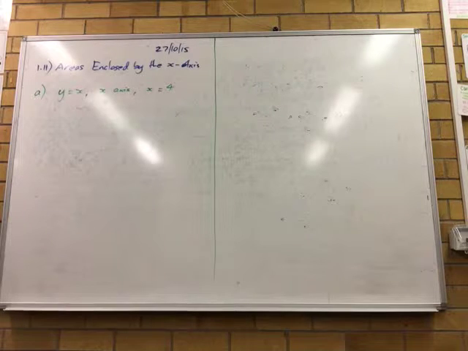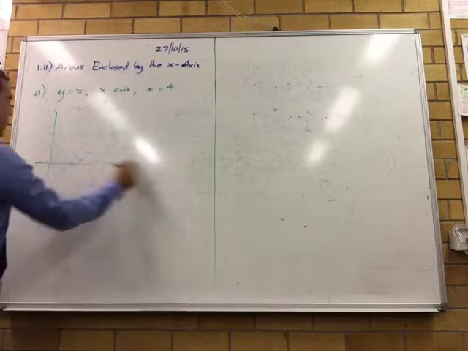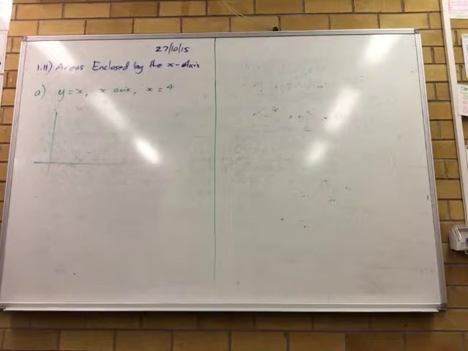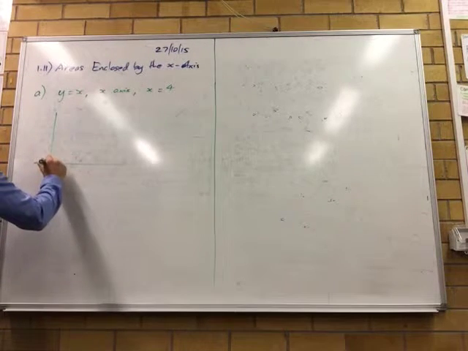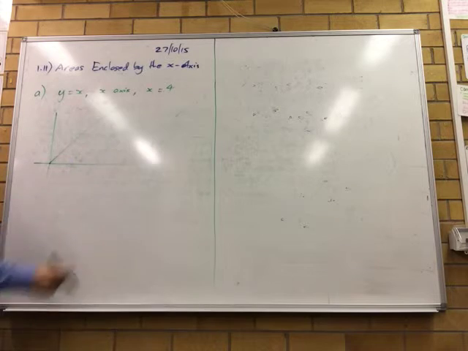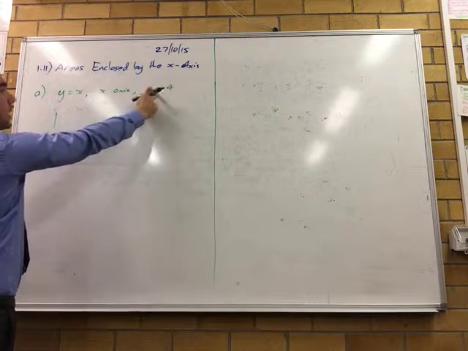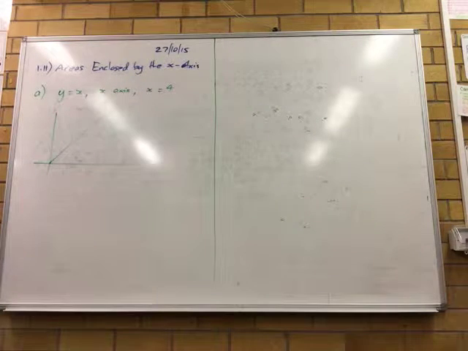So the first thing you need to do when you are calculating area, and we are leading into volume as well, okay, is to sketch the area to be found. Now this is just a rough sketch, you're not getting marked on the sketch, so just a quick sketch of the curve. In this case we've got the straight line y equals x. I'm just drawing in the first quadrant because x equals 4 is in the first quadrant.